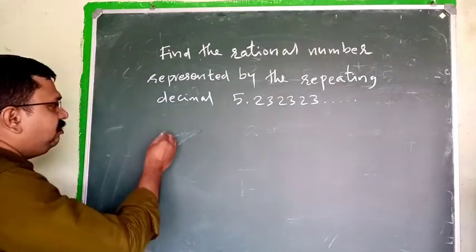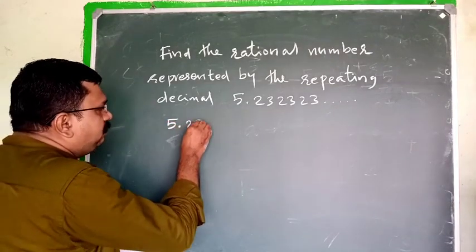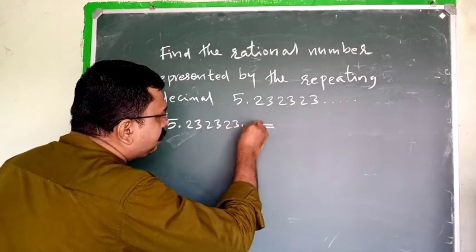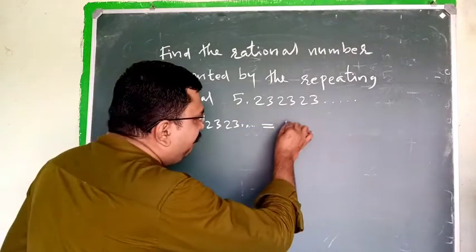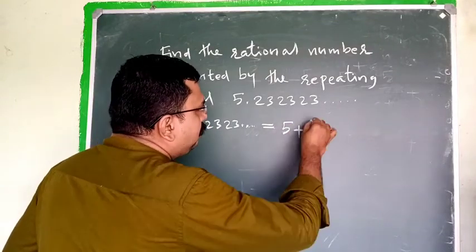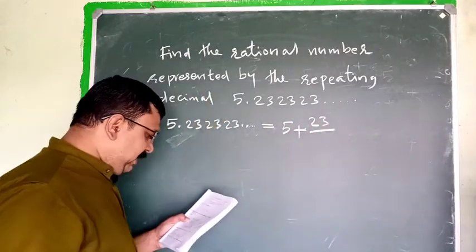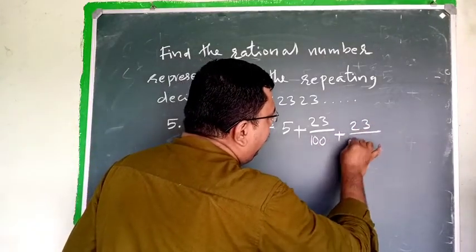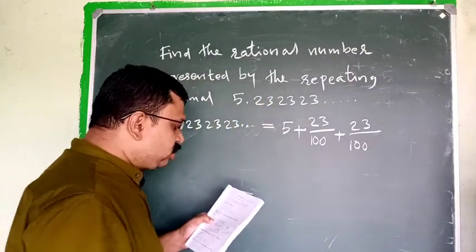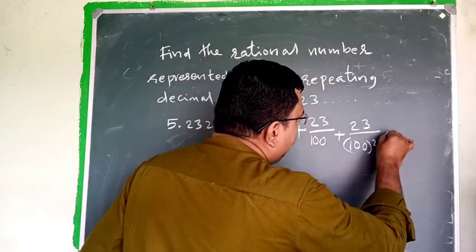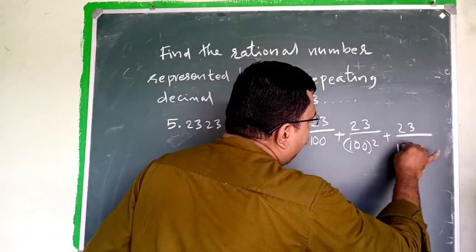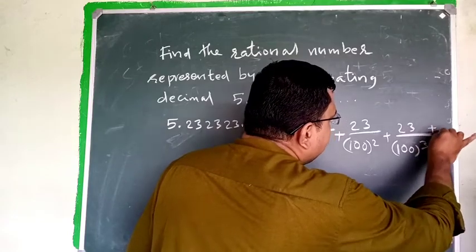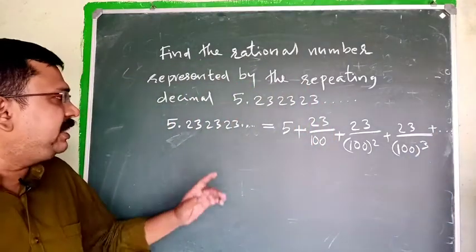Listen, first we can write 5.232323 etc., which is equal to 5 plus 23 by 100 plus 23 by 100 square plus 23 by 100 cube plus etc.